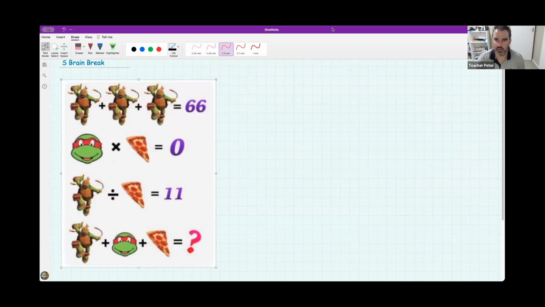Today's puzzle, courtesy of cartoons from the past. They are the Ninja Turtles. Yes, these guys were quite big in my childhood, but clearly they're still around if you know who they are. So the first Teenage Mutant Ninja Turtles, I think that is Michelangelo or Mikey. So what is Mikey worth?